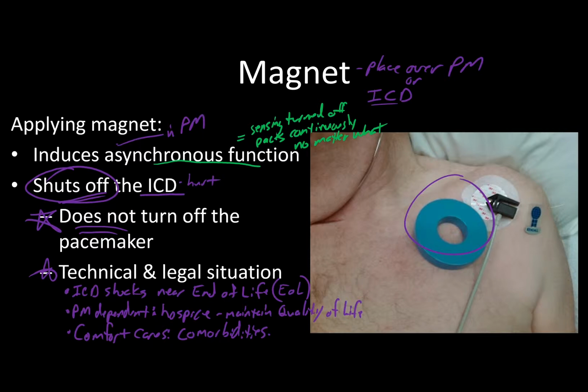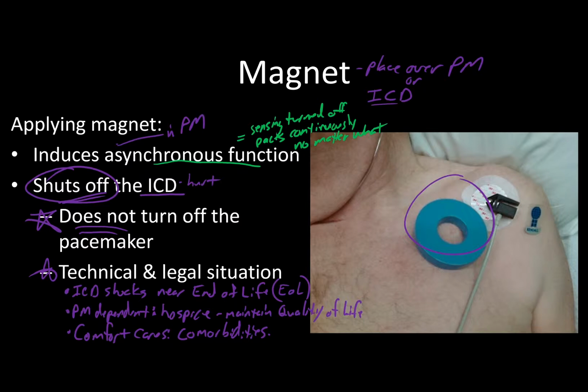So let me just read from my notes to make sure I sum this up right. In the comfort care scenario, oftentimes the patient's comorbidities are what has led to the situation where we had to withdraw care. An example would be a patient with respiratory failure.